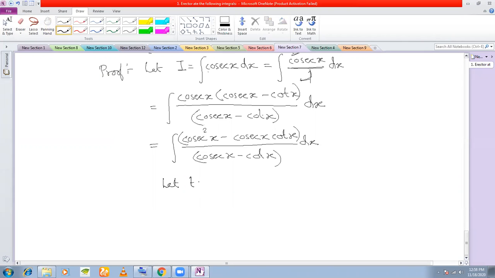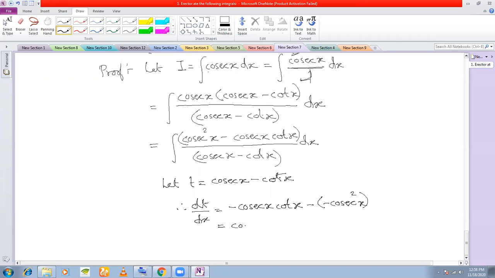Let t is equal to cosec x minus cot x. Therefore, dt by dx is d/dx of cosec x, which is what? Minus cosec x cot x, right? And what is d/dx of cot x? d/dx of cot x is minus cosec square x. So what are you getting here?